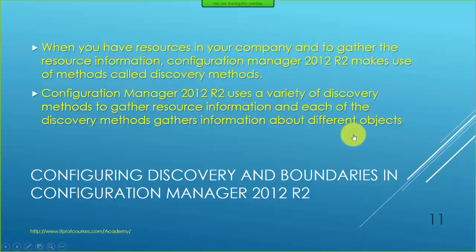Or if you want to discover through IP address, you want to discover through Active Directory, inside the organizational units, containers, and there are various methods too. When you have resources in your company and to gather the resource information, Configuration Manager makes use of methods called discovery methods. So that's discovery methods we're going to be going through.